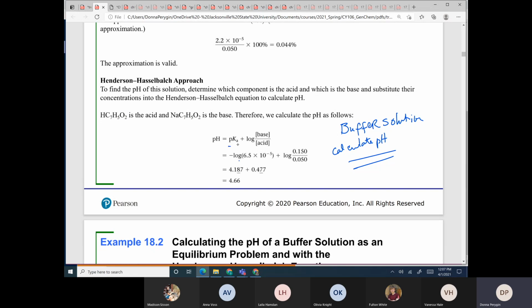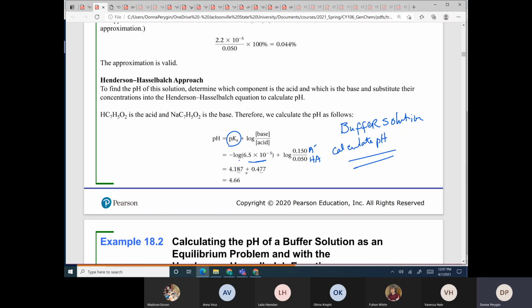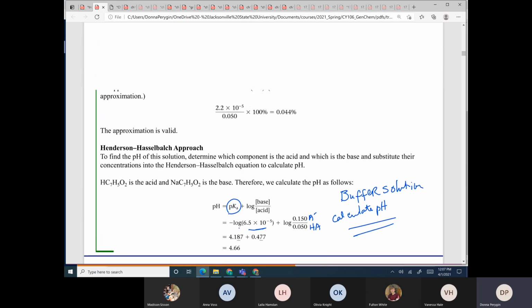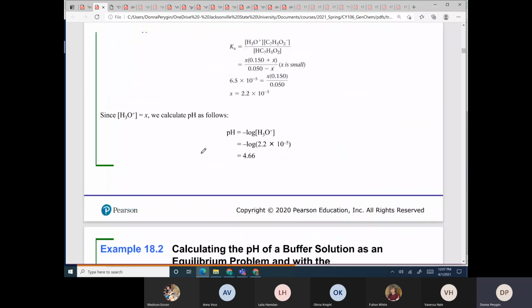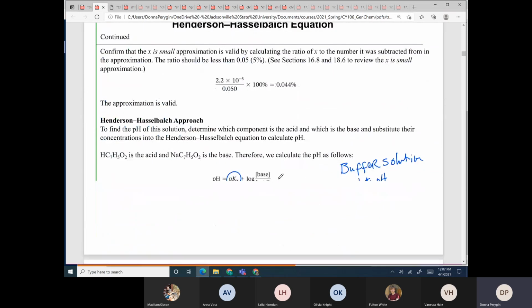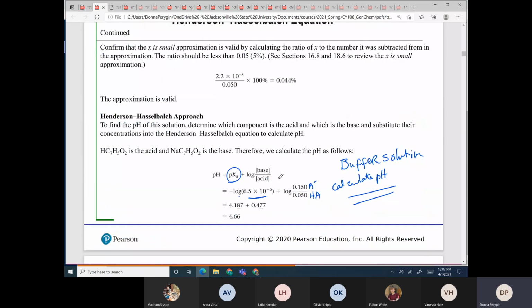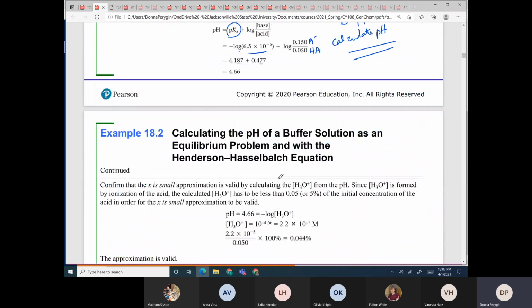Now in this case we didn't have the pKa, we had the Ka. Plus the log of A minus over HA. So that's going to be equal to 4.187 plus 0.477 is 4.66. So going back up, we can see our pH was 4.66 with the equilibrium approach. So what they did here was work it both ways and proved that the Henderson-Hasselbalch equation was valid.